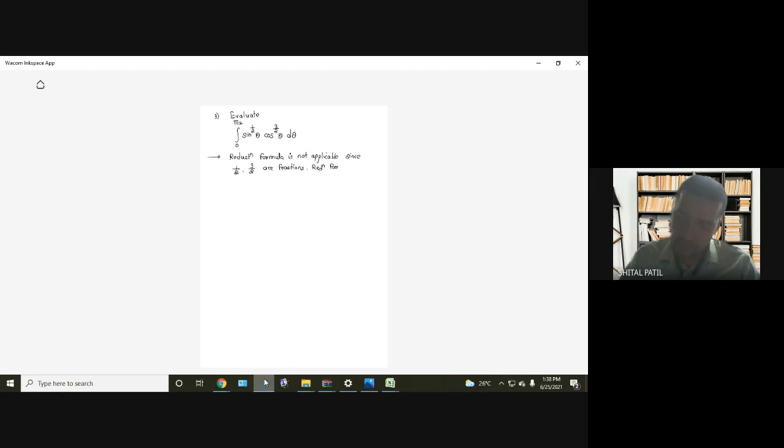Reduction formula is valid if m and n are whole numbers greater than 0. I'm not writing everything, you understand it. So we'll use this formula. You might have understood now why this formula is important: the integral of sin raised to p theta, cos raised to q theta, d theta. Whenever the reduction formula is not applicable, we can use this formula.